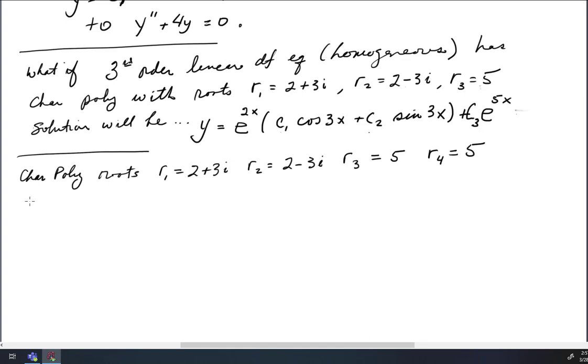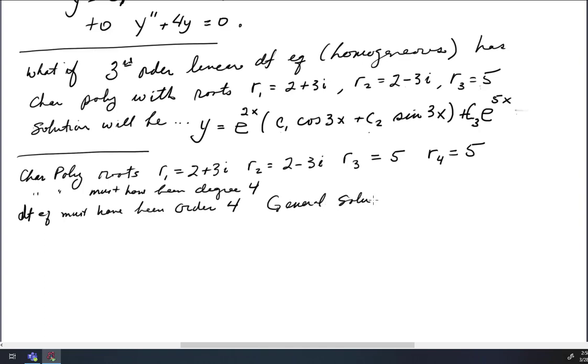Then since I've got 4 roots here, the characteristic polynomial must have been degree 4, which means that the differential equation must have been order 4, and the general solution is going to be y equal e to the 2x cosine 3x plus sine 3x.